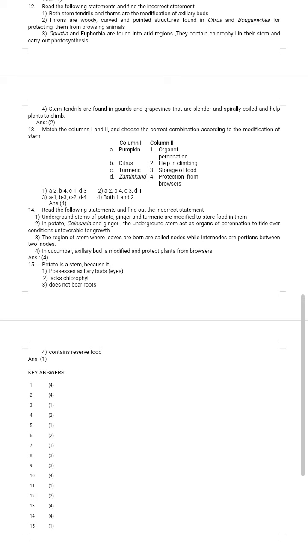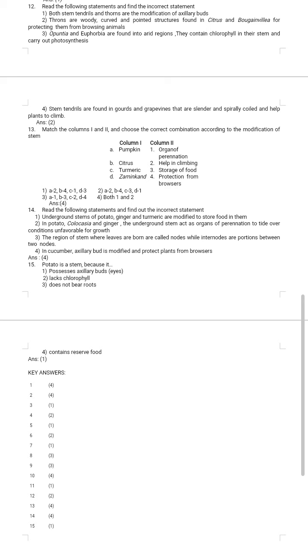Next, option C. Opuntia and Euphorbia are found in arid regions. They contain chlorophyll in their stem and carry out photosynthesis. Last one, stem tendrils are found in gourds and grapevines and are slender and spirally coiled and help plants to climb.